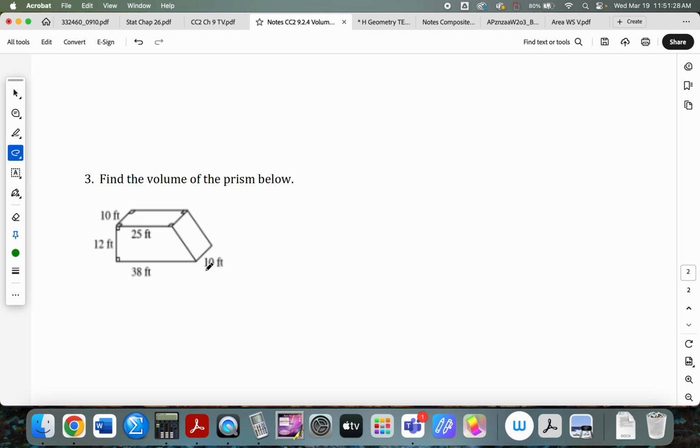All right, let's take a look at this. So, first you have to decide how you're going to slice this. We're going to slice it vertically, and we're going to slice it parallel to those two trapezoids. That's how we're going to slice it. So if we were doing that, that means that your slice is going to go something like this.